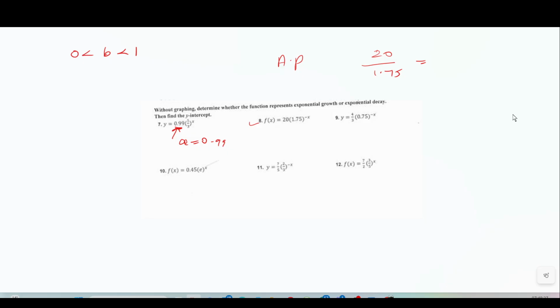Oh, okay. Yeah, we don't have to focus on this, I think, because the base, sorry, yeah. See, the base is 1.75, right?